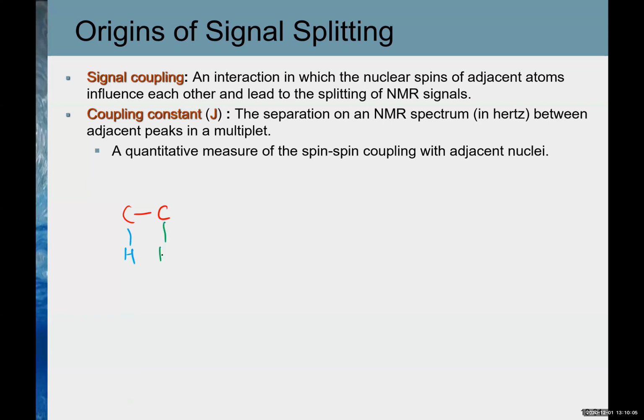So let's take an example of these two protons. They are vicinal, as you can see, and there can be other neighboring things, but we don't care what else is connected.